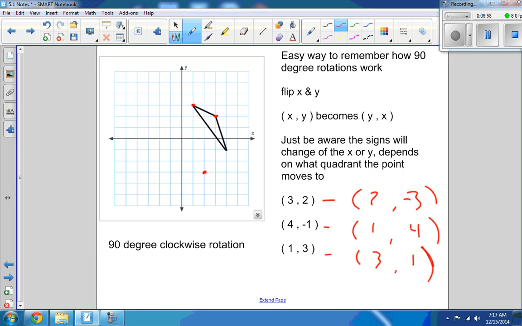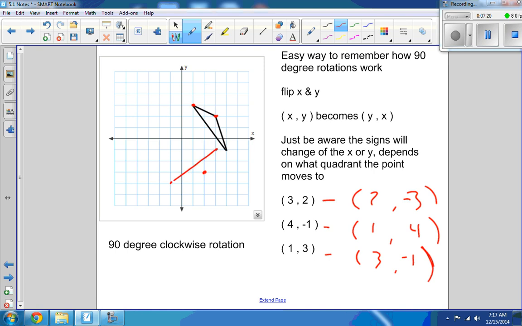1, 3. 1, 3 will become 3, 1 in this quadrant. So the 1 is negative. And then we've got the 4, negative 1. 4, negative 1 will be over here as 1, negative 4.